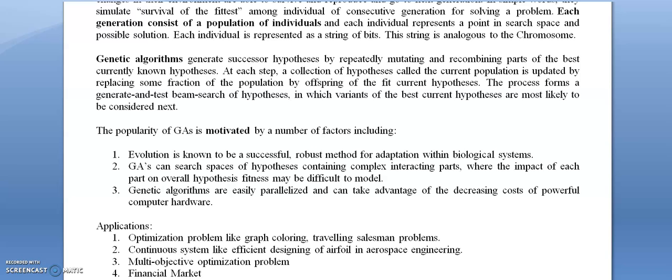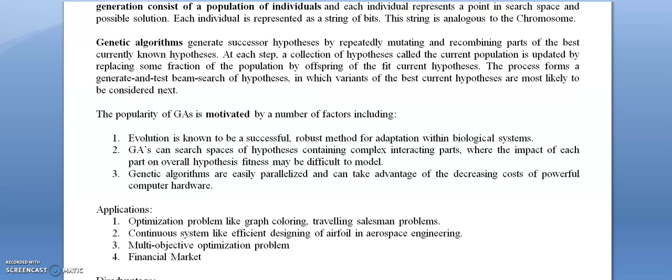Okay, so it can include complex features very easily in comparison to other algorithms. And third, genetic algorithms can easily be parallelized, so we can take advantage of it in order to decrease the cost of some computer hardware.